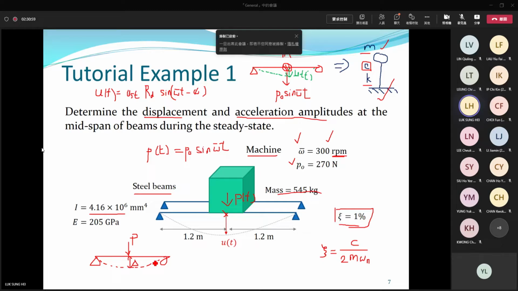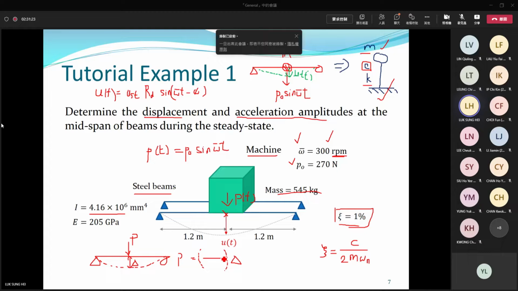If you are good at static calculation, you may use equilibrium or you may use the energy principle to find the relationship between force and displacement. The coefficient between the force P and the displacement delta gives you the stiffness.